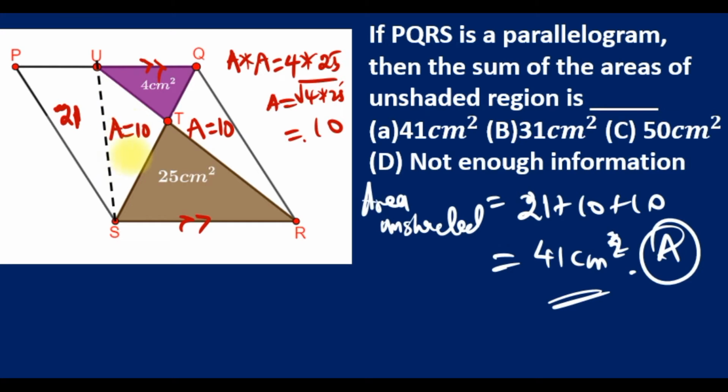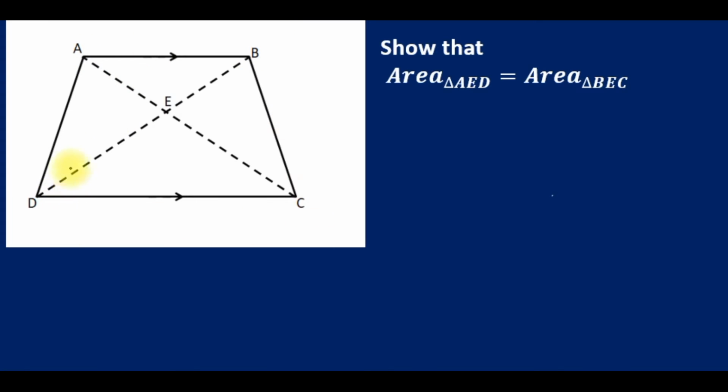So I'm going to use 3 different diagrams. ABCD is a trapezium. So we have to show that this equals that. We start by drawing an auxiliary line.